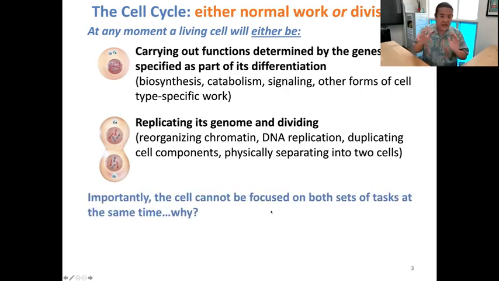Importantly, the cells cannot be focused on both sets of these tasks at the same time. Right? Why? I think on an intuitive level, I think you can understand why, right?